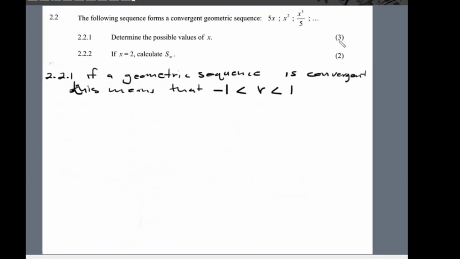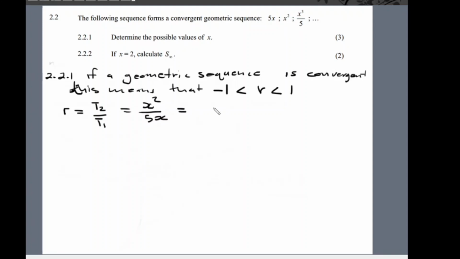You'll get a mark for stating that if a geometric sequence is convergent, then the common ratio must be between minus 1 and 1. So what is the common ratio from our sequence? Remember that the common ratio for a geometric sequence is the second term divided by the first term, or the third term divided by the second term. So r equals T2 over T1. What is T2? T2 is x squared, and T1 is 5x.